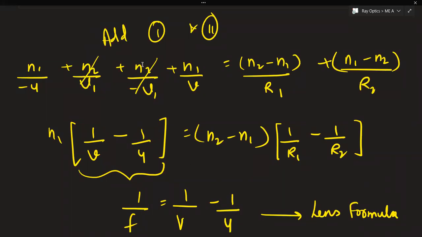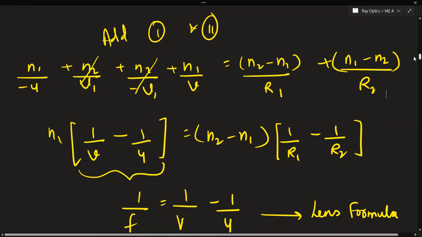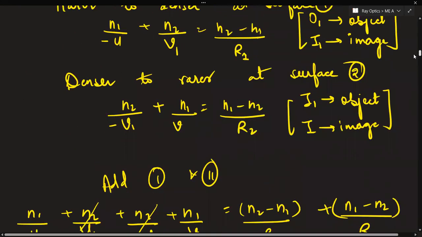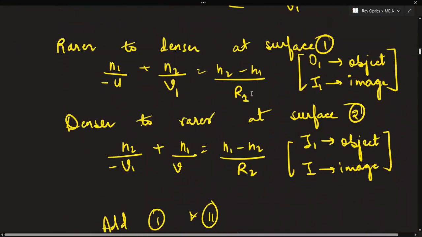Ma'am, can you just explain these calculations again by adding 1 and 2? Okay, yes. See, here this was the first equation, and here the second. We have just added these two sets of equations. If you add, signs won't change, right?